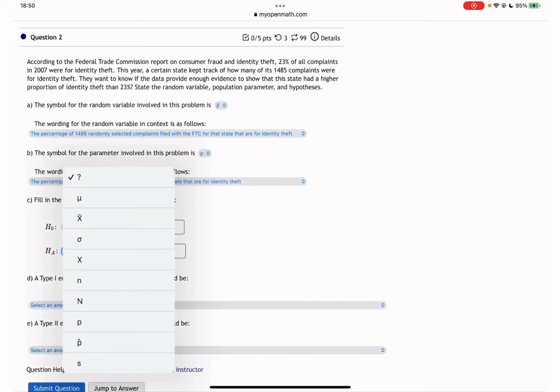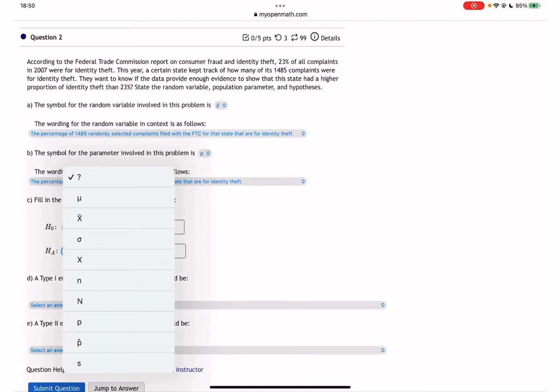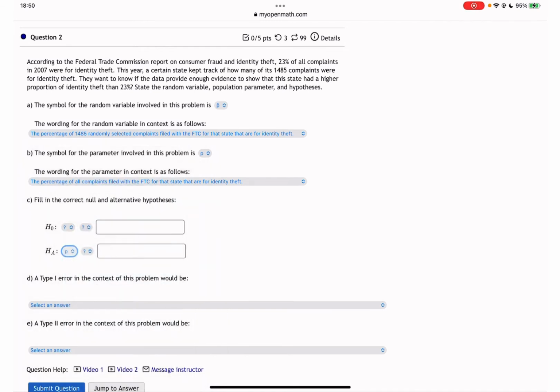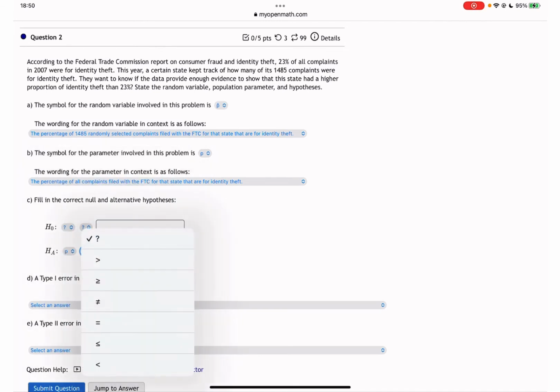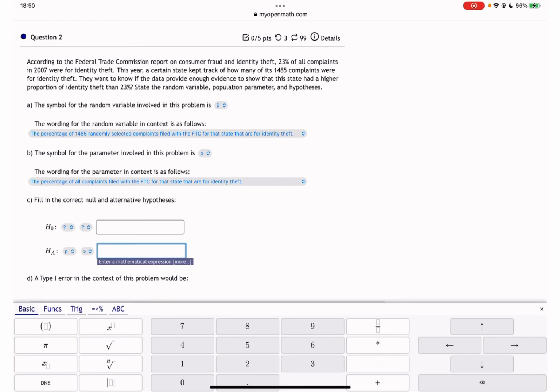So it's greater than. It's going to be P because we are doing proportion for population. And it's going to be greater than, in this case, 23%, which is 0.23.